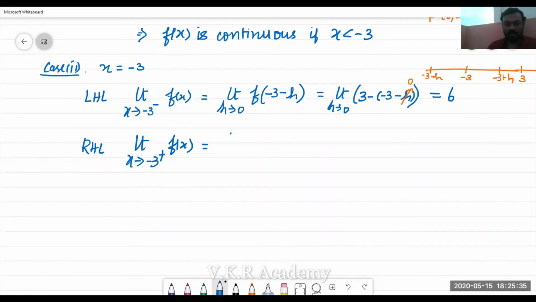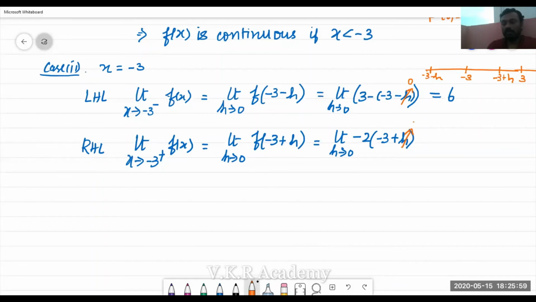That is limit h tends to 0 of minus 3 plus h. But our f of x is minus 2x. Is limit h tends to 0 of minus 2 into, here x is minus 3 plus h. So when you allow h tends to 0, this is minus 2 into minus 3, that is equal to 6.